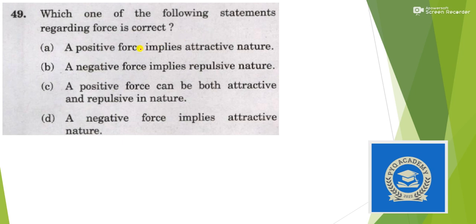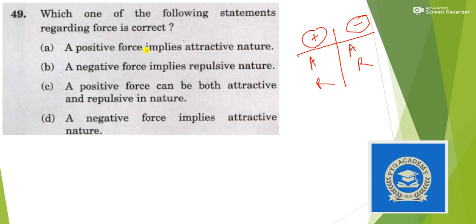The first option is a positive force implies attractive in nature. Let me make it simple for you. There is positive force and there is negative. It can be attractive, it can be repulsive. I don't know. Now I have to do analysis and see which one is attractive and which one is repulsive.